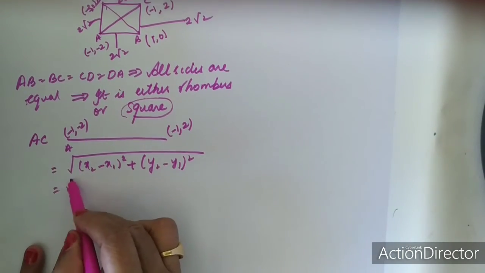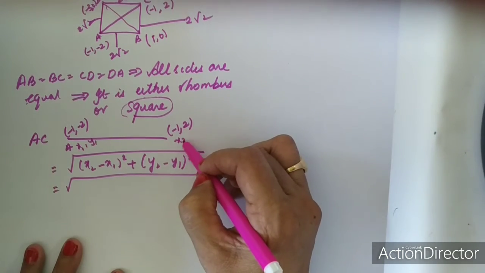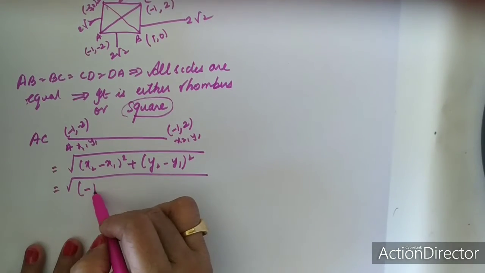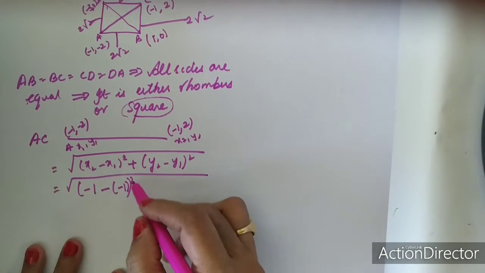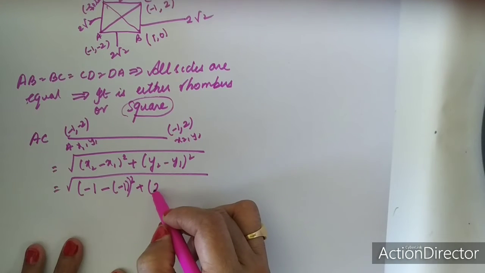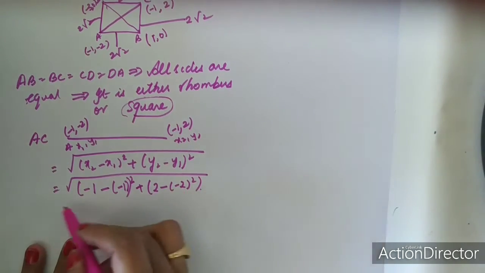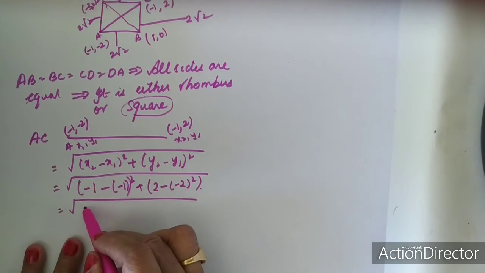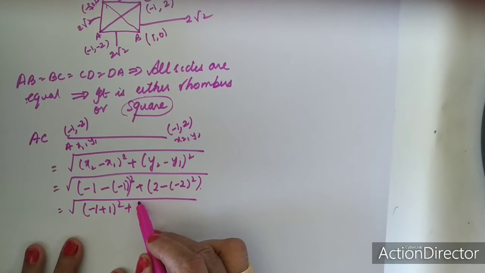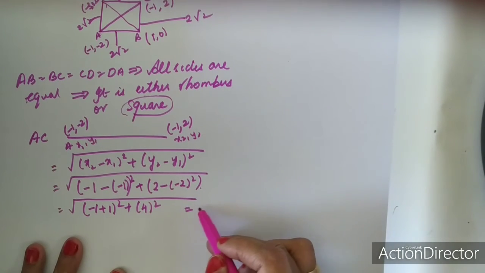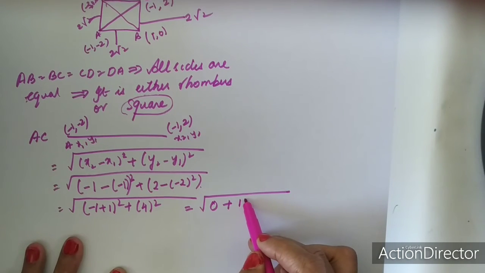This is x1, y1, x2, y2. x2 is -1 minus of -1 whole square plus y2 is 2 minus of -2 whole square. So this is equal to under root of (-1 plus 1) whole square plus (2 plus 2 is 4) whole square, which is equal to under root of 0 plus 16.